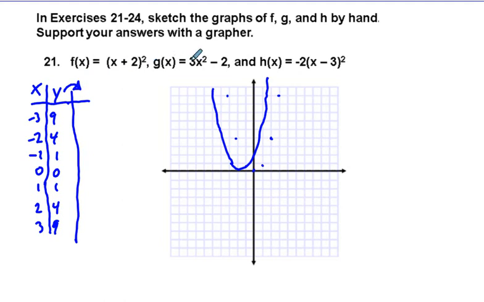Because we are vertically stretching by a factor of 3, we have 9 times 3 is 27, 4 times 3 is 12, 1 times 3 is 3, then 0, then we have 3, 12, 27.